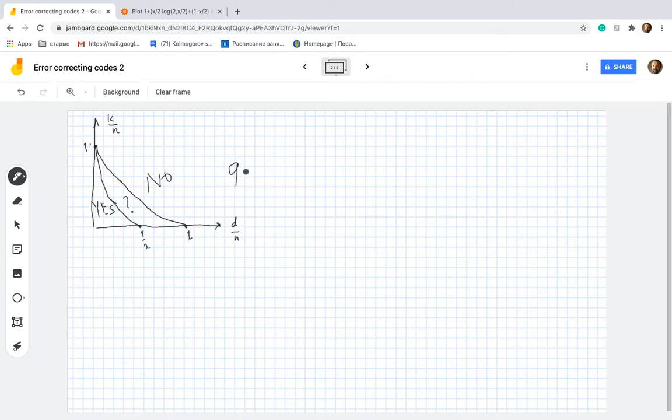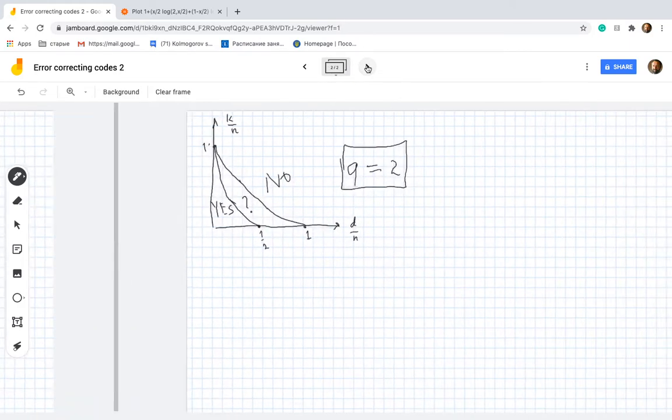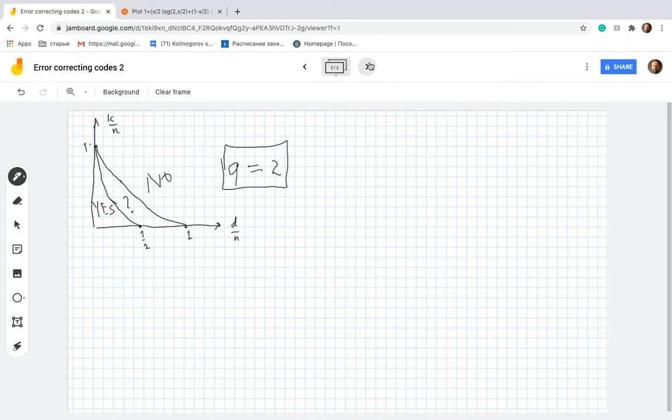Recall that all the bounds we have plotted so far are in the case of the binary alphabet, Q equal to 2. So let's go back to the arbitrary case, and in the arbitrary case we need to prove an analog of this lemma, which estimates the log of the volume with logarithmic precision. So the generalization of this lemma is the following one.